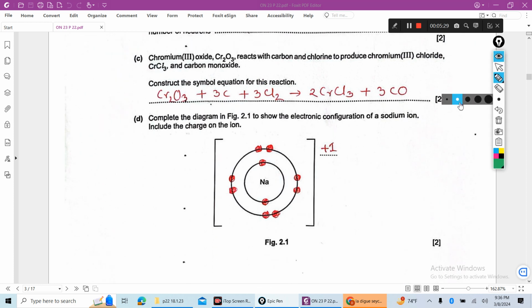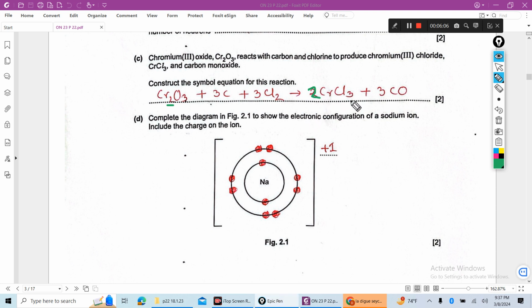Now chromium 3 oxide reacts with carbon and chlorine to produce chromium 3 chloride and carbon monoxide. Construct the symbol equation for this reaction. So here 2 chromium, so I write here 2.